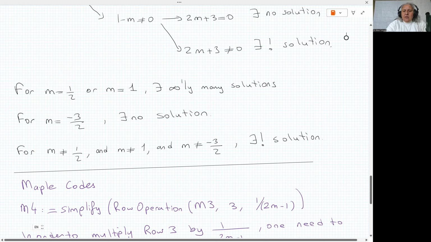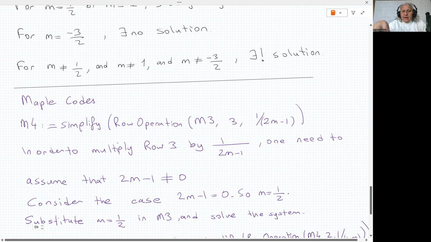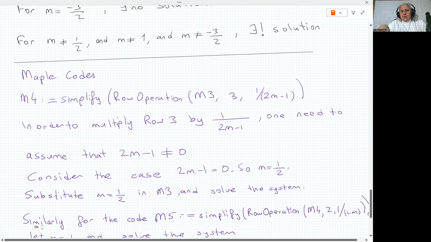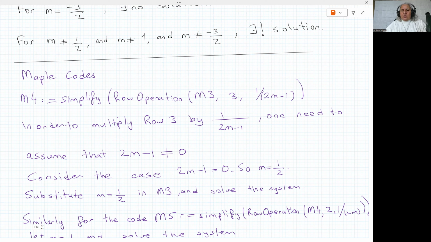So in the question that you have in your hand, we have the Maple codes. I've done it from scratch in order to explain step by step and remind you how to solve a linear system of equations, like a review. But if you look at your questions, it tells you exactly what you need to check for. In the codes, it is given to you as M4 in this way.